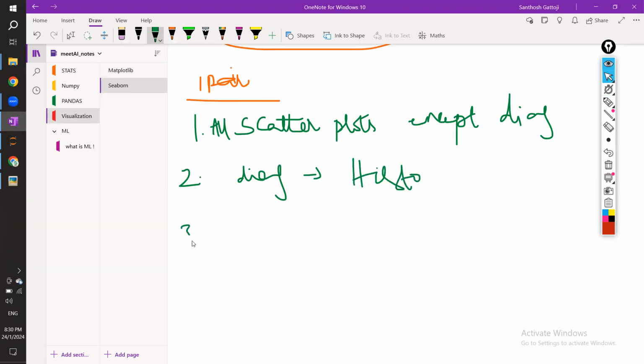And third, the graphs above the diagonal are almost equal to the graphs below the diagonal, just the axes will be changing.